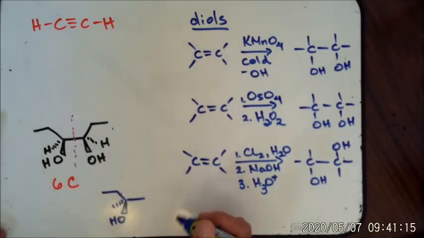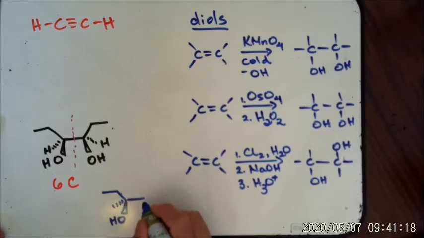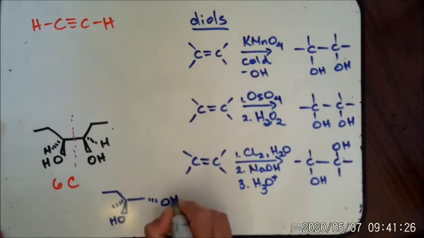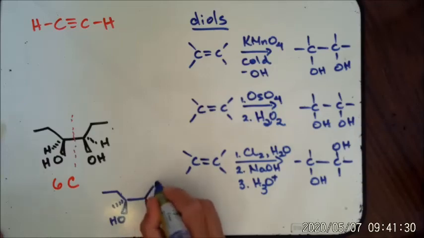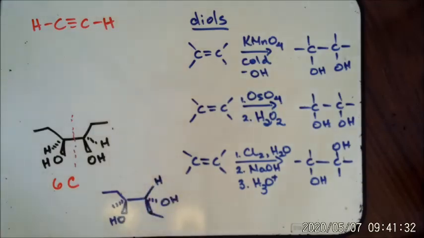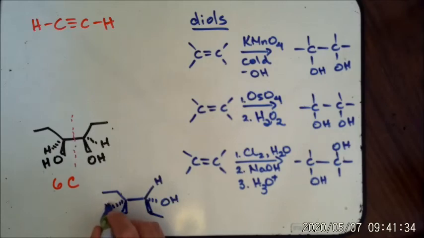I want to do, let me just rotate this so that this is in the back. Okay, so that's how I want to do it. Then you would adjust your starting material appropriately. So you can choose.